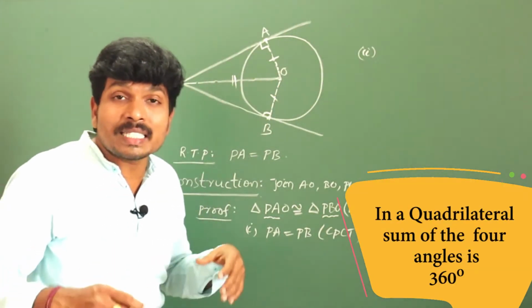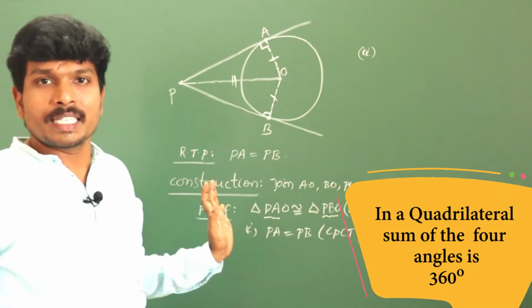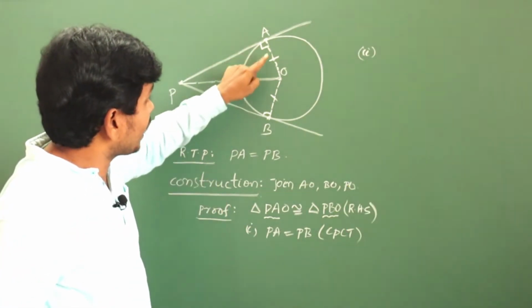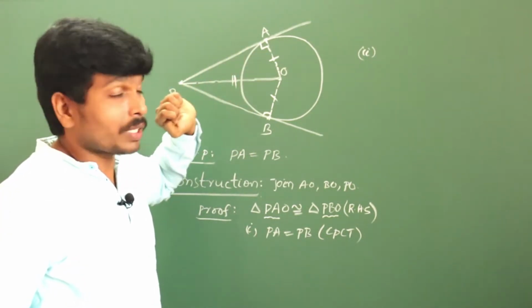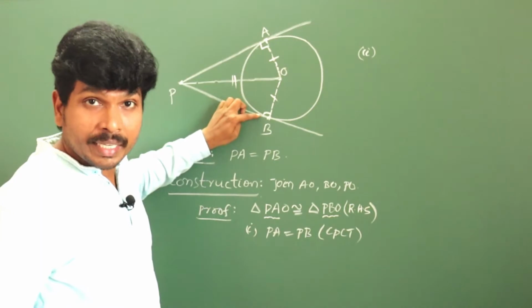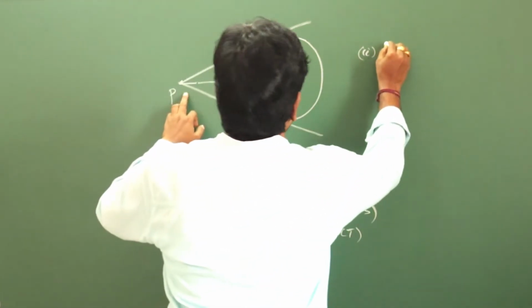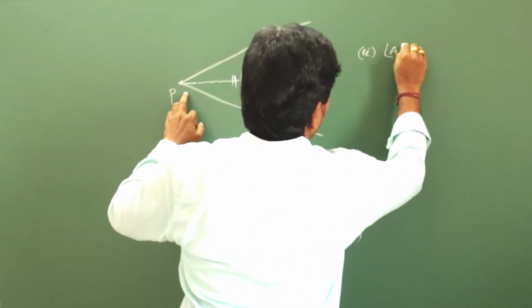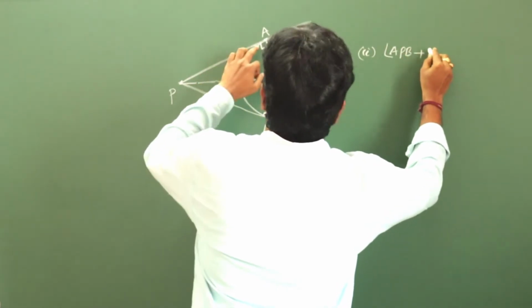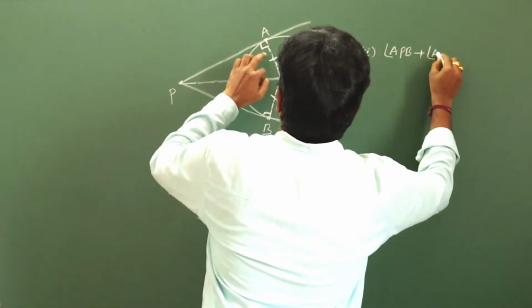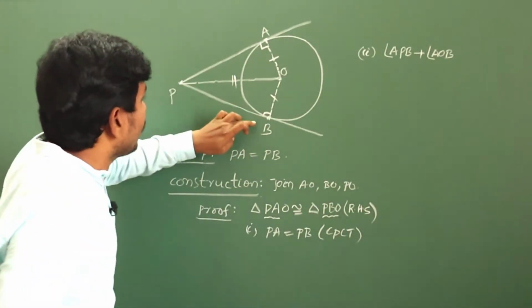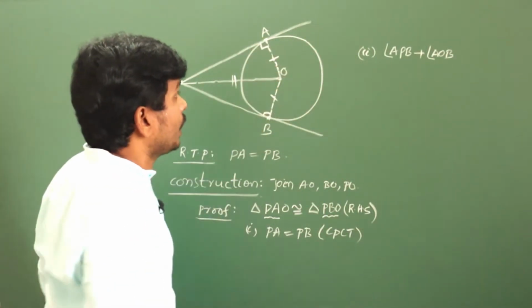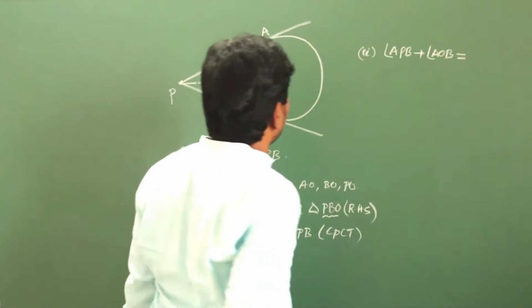In a quadrilateral, the sum of the four angles is 360 degrees. Already here 90, here 90, here 90 you have. So that's 90, 90, 180 over. Now my question is, angle APB plus angle AOB is equal to how much?